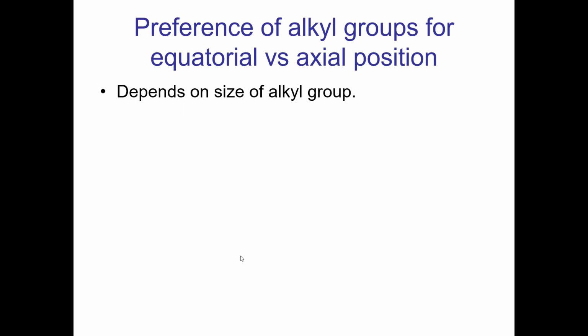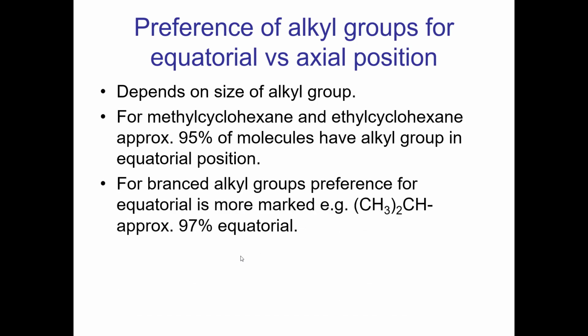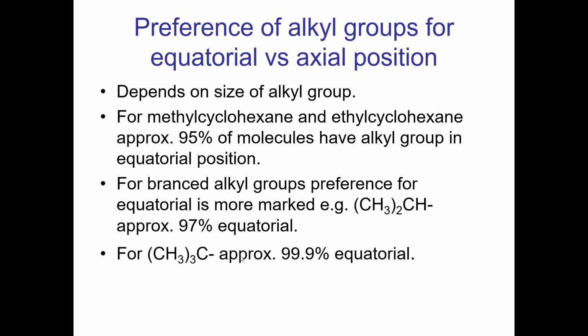Now, the preference of our alkyl groups for equatorial and axial depends on the size of your alkyl group. So for methyl cyclohexane and ethyl cyclohexane, most of your molecules have an alkyl group in the equatorial position. For branched alkyl groups, so getting bigger, okay, equatorial is even more marked, 97%. And if we have even longer chains here, bulkier, more branched, nearly all of it is going to be equatorial.